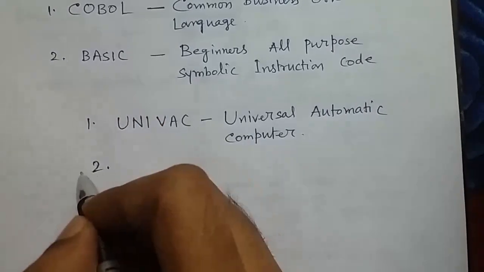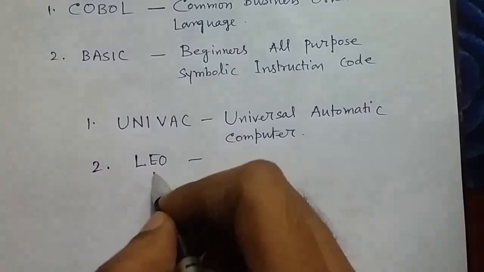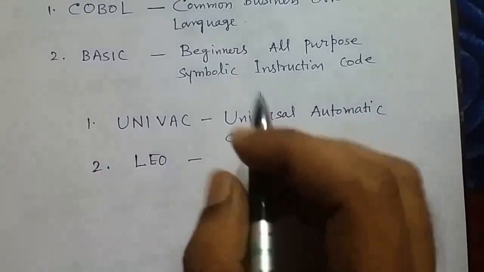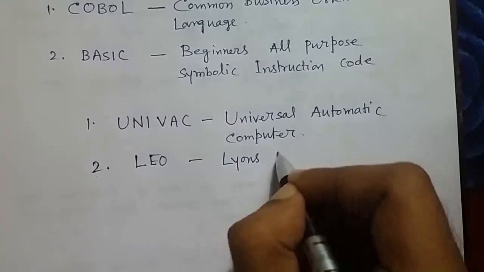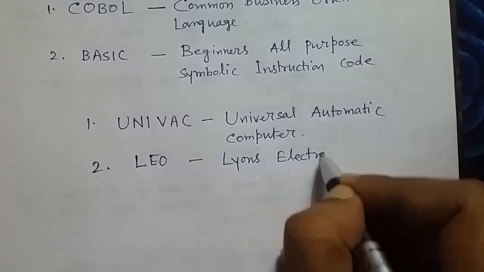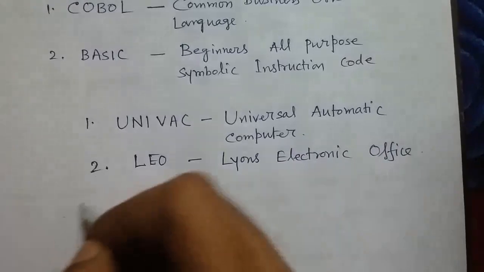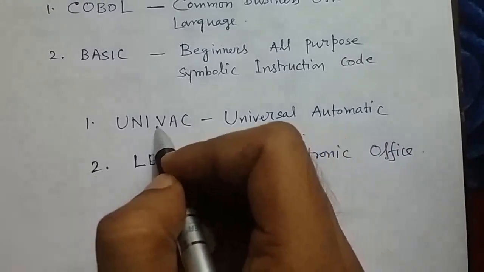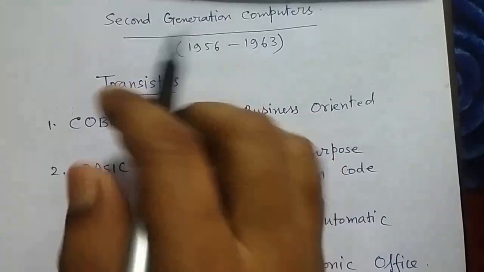And number 2 is LEO, also an abbreviation. The full form is Lyons Electronic Office. So these two are examples of second generation computers.